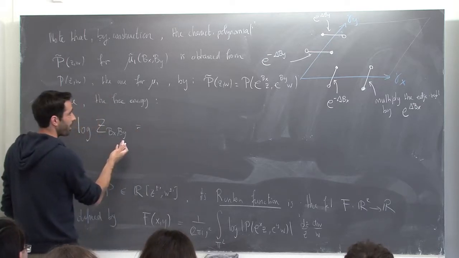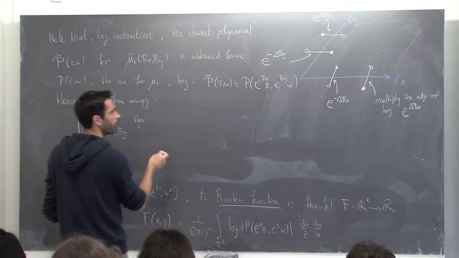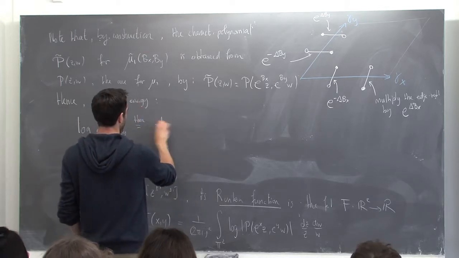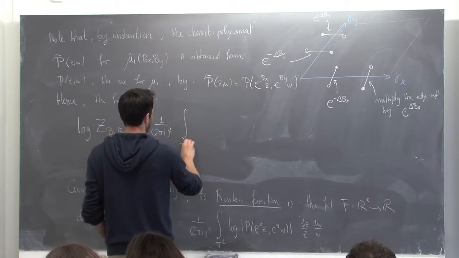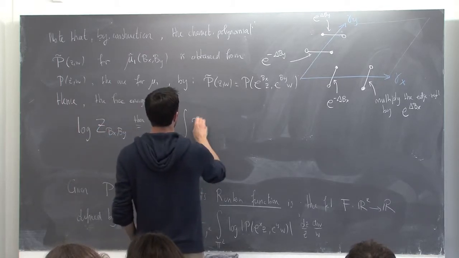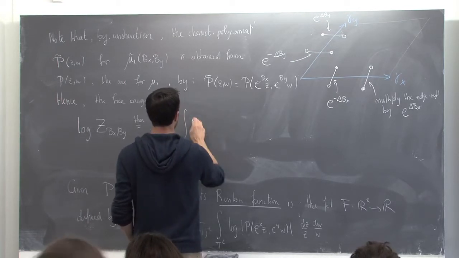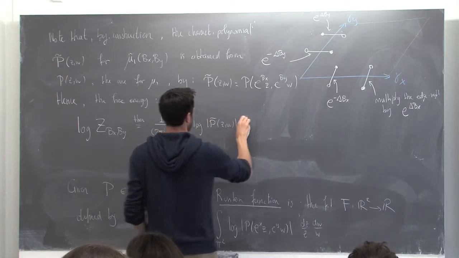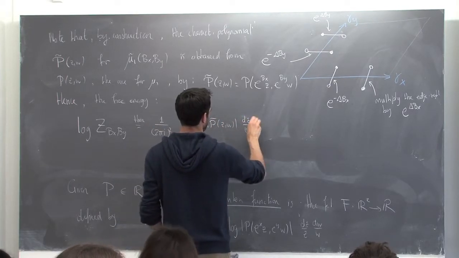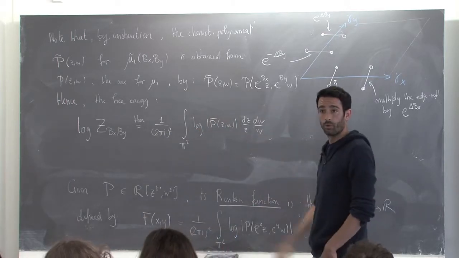So we know by the theorem that we proved last time. This is 1 over (2 pi i) squared, the integral over the torus of log of P tilde(z,w), right? That's the theorem we proved.